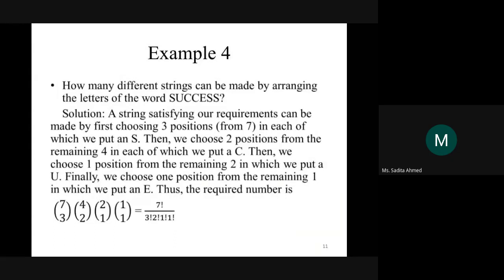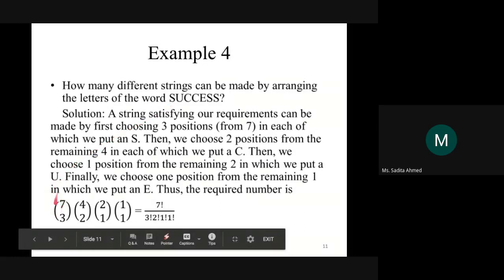And also remember that for each one of these 7C3 ways to choose positions of S, there are 4C2 ways of choosing positions of C, all right?